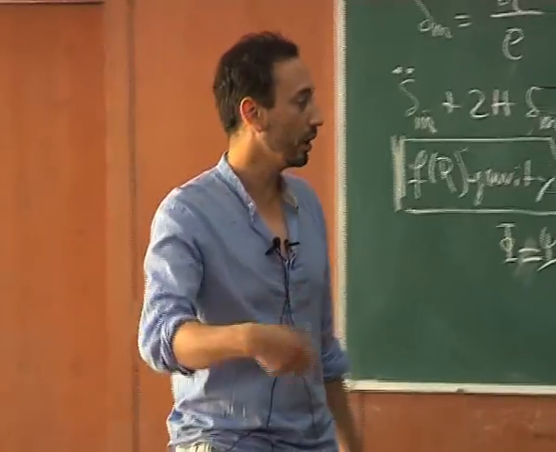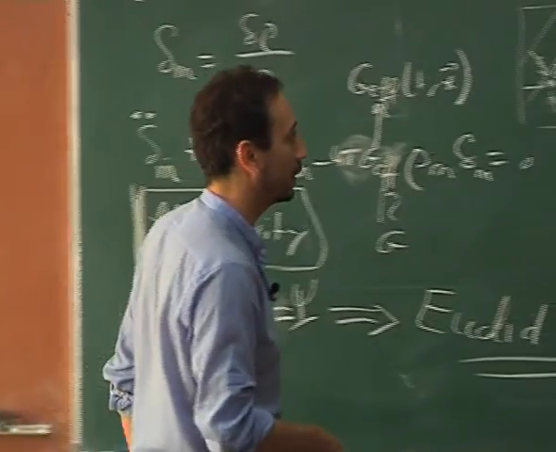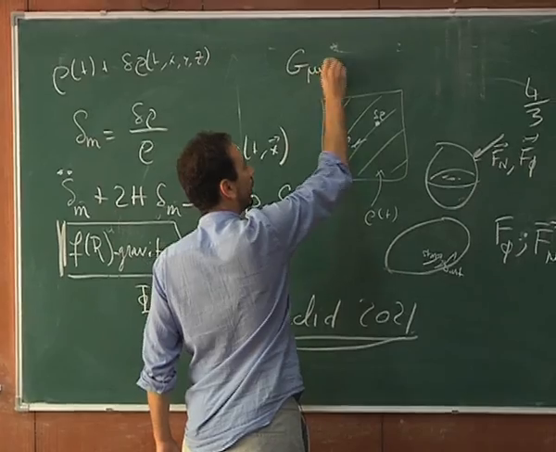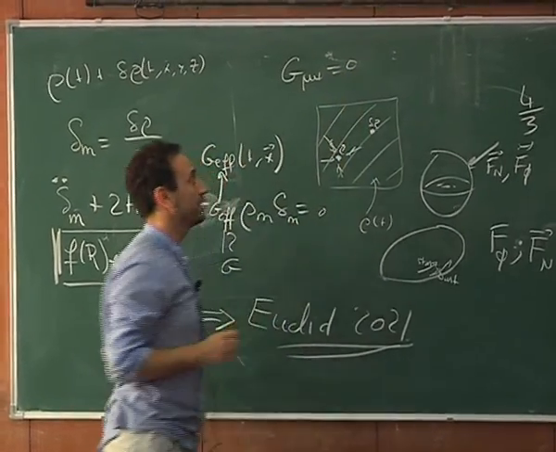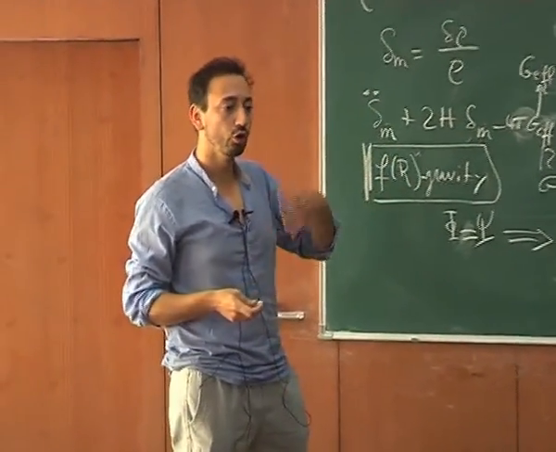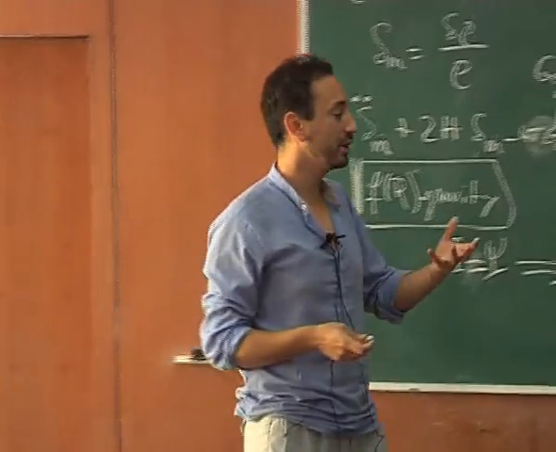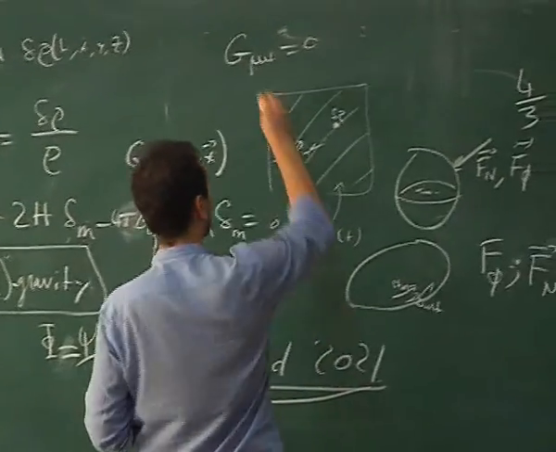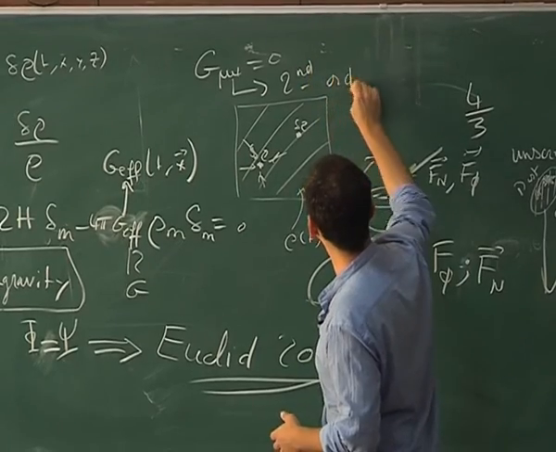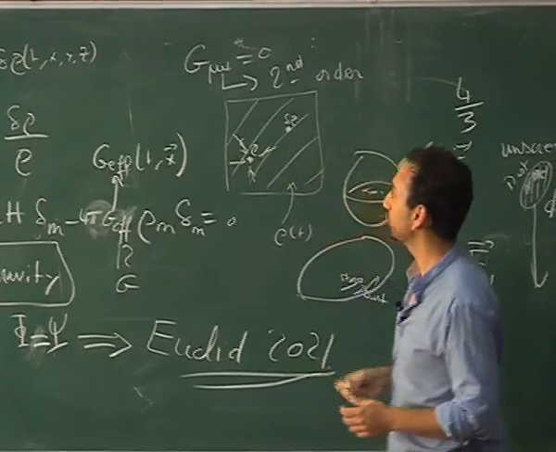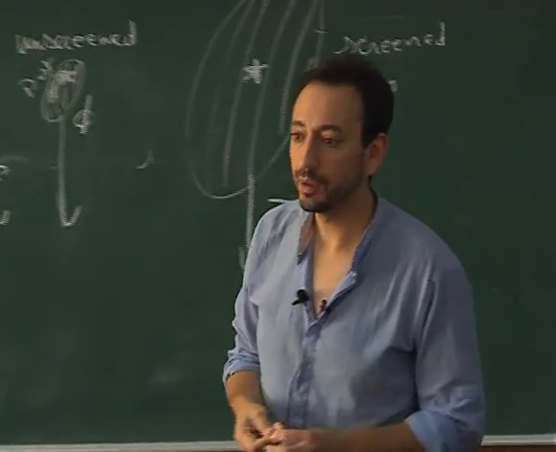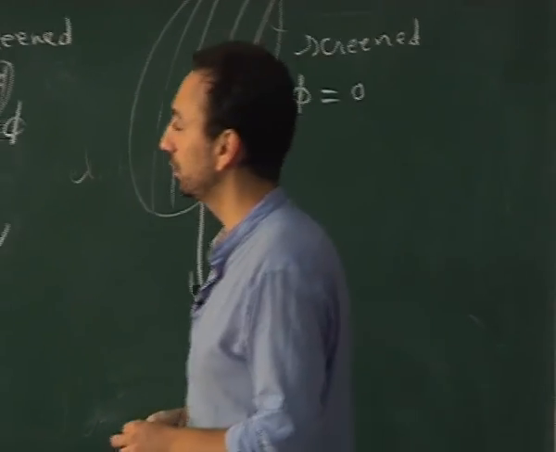And for those who already do this kind of calculation, if you have G_mu_nu equal to T_mu_nu equal to 0 for GR, and you want to know the energy associated with gravitational waves, you have to expand this at the second order in perturbations. It is a bit more involved, because otherwise you cannot define energy.